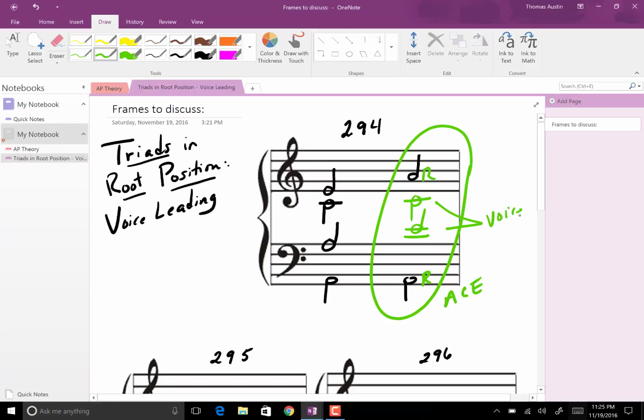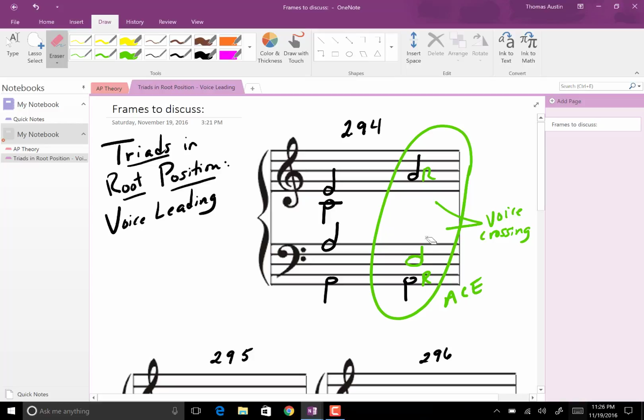No, because you have voice crossing. But what if I brought the tenor E down the octave? No, because you have more than an octave here between the tenor and the alto.